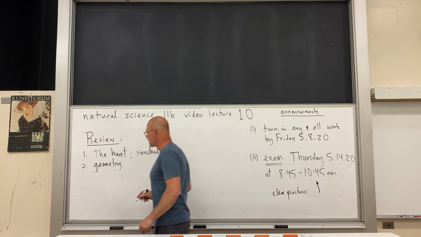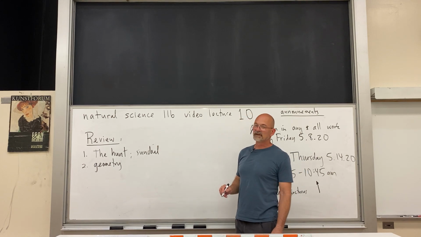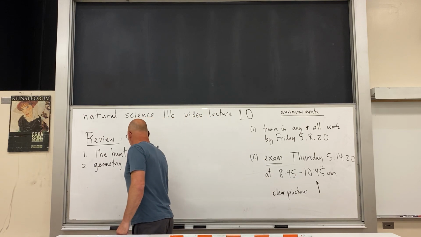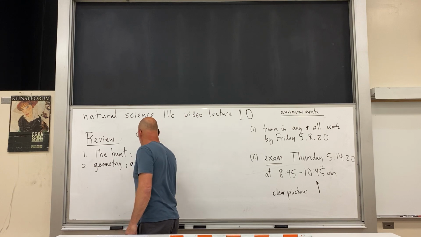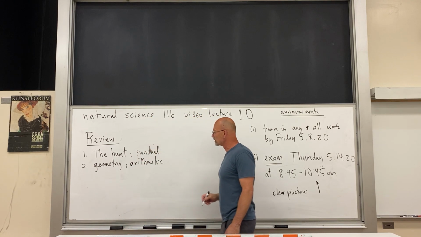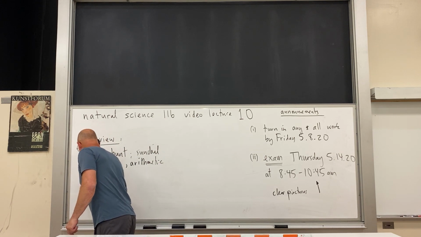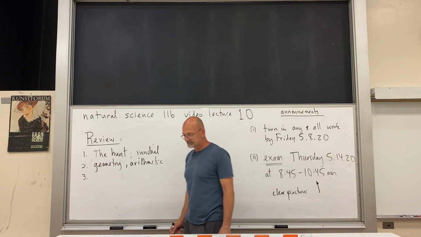So we covered some of the geometry. And it turned out, for example, to talk about the number of days in a year, we also needed arithmetic. So we studied those things. So we had geometry and arithmetic. Then we did this number of days in the year business, talking about sundials again.